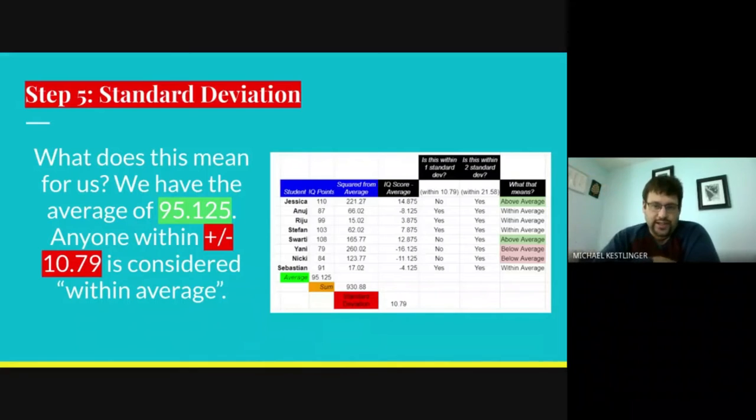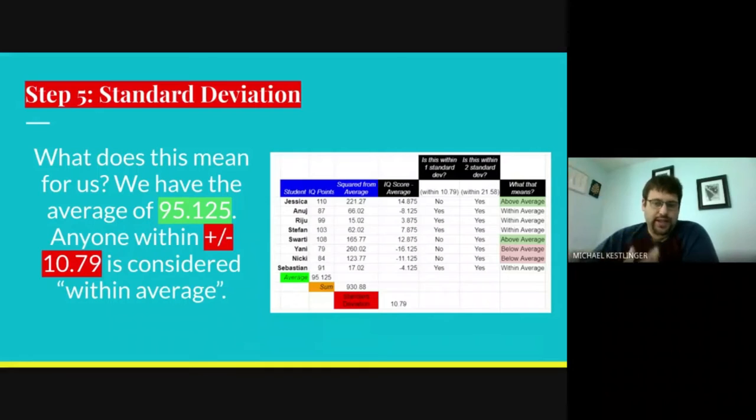Now, for Jessica, for example, her difference is 14.875. Remember, that's her 110 score, subtracting the average, 95.125. Her difference is 14 and change, and 14 and change is bigger than 10.79. So we know she's technically above average.